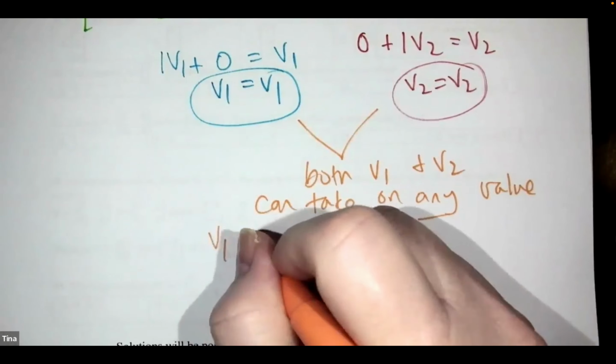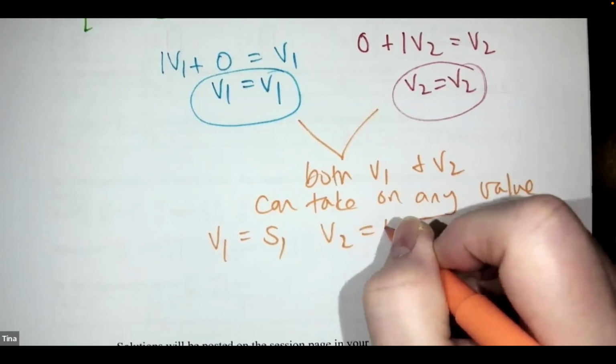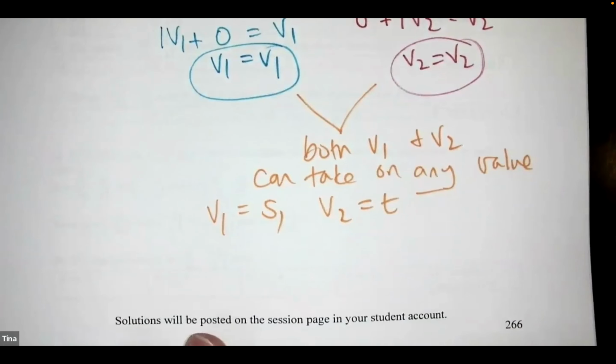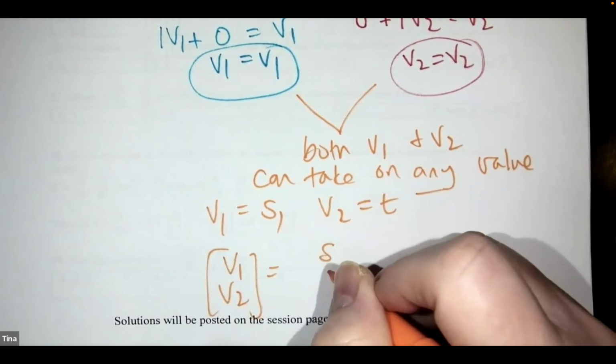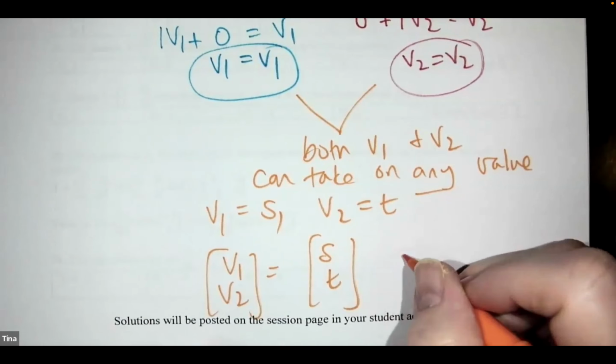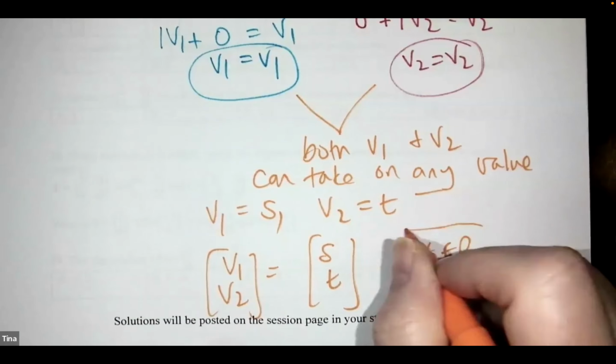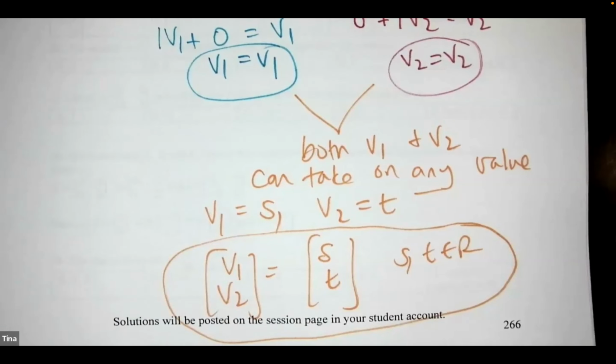So what we do is we say let V1 be a different letter than V2. So my vector V1, V2 is S, T, where S and T can be any real numbers. Okay, so that one is definitely tricky.